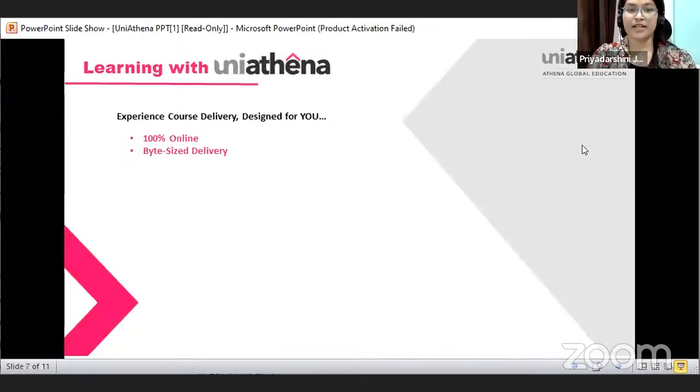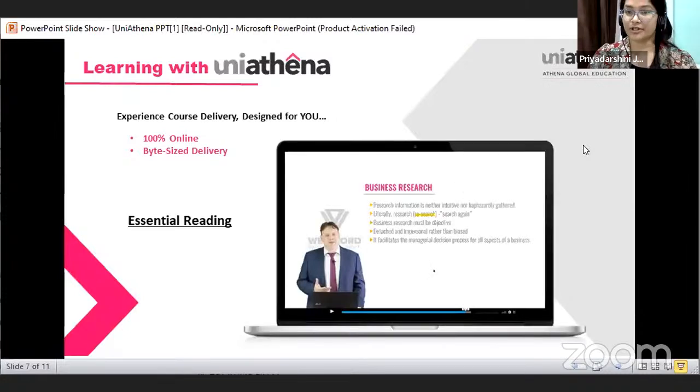Then we have reading materials, because we know that reading is going to help a lot of learners. Not all learners are helped by videos only; they want some reading materials as well. We have reading materials for the same.